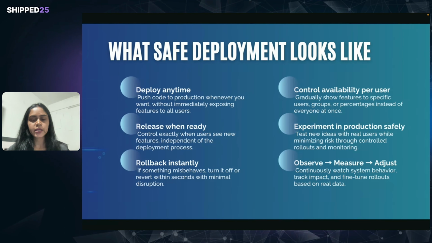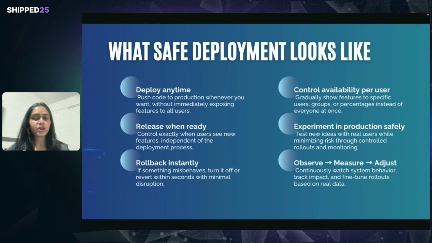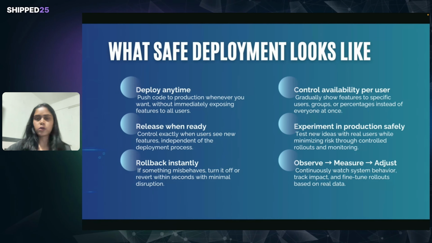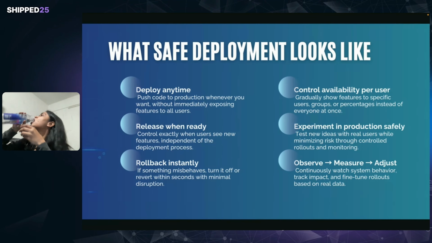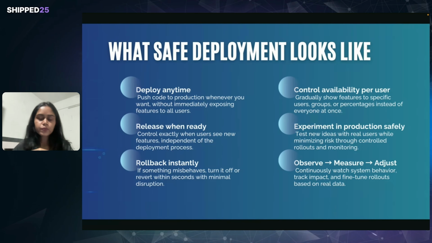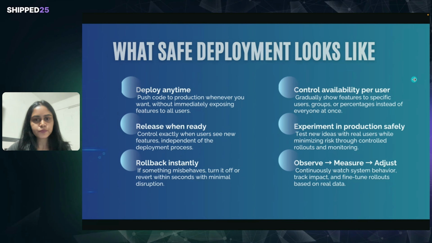You're constantly making tiny adjustments to your mirrors, and safe deployments give you the exact same ability that your mirrors give you. That is how your safe deployment should look. So this was all about the slide.